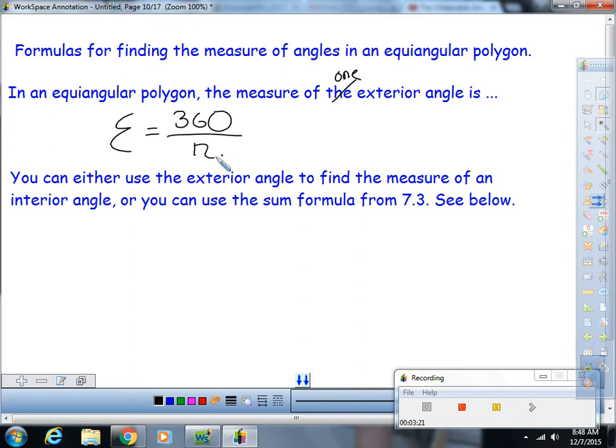Where n represents the number of sides in the polygon. The interior angle, as we stated before, you could find the supplement of the exterior angle. So you could do 180 minus 360 over n.